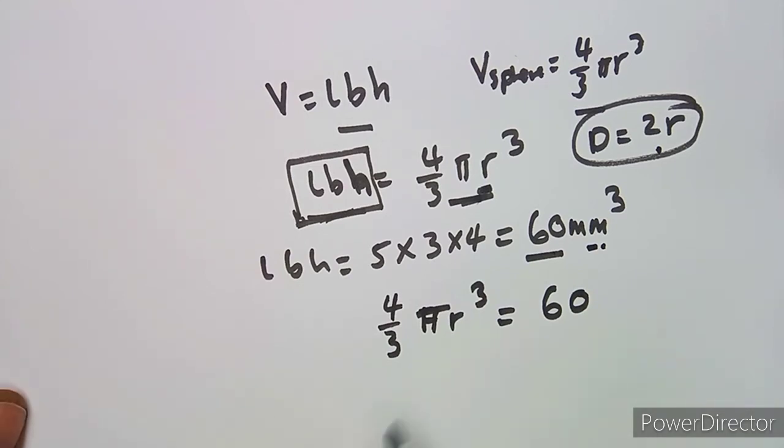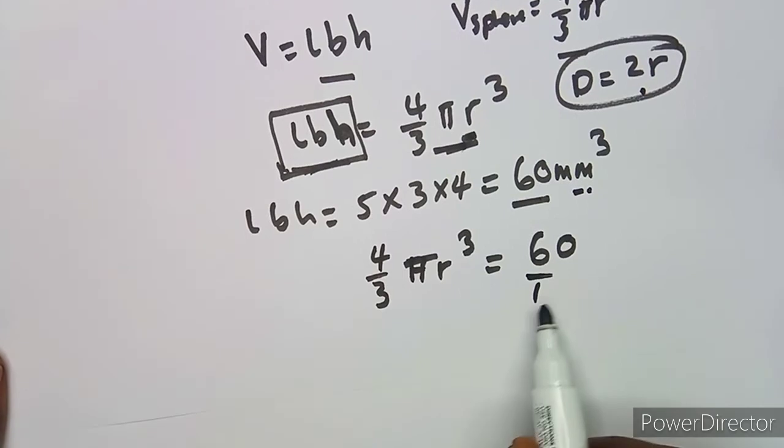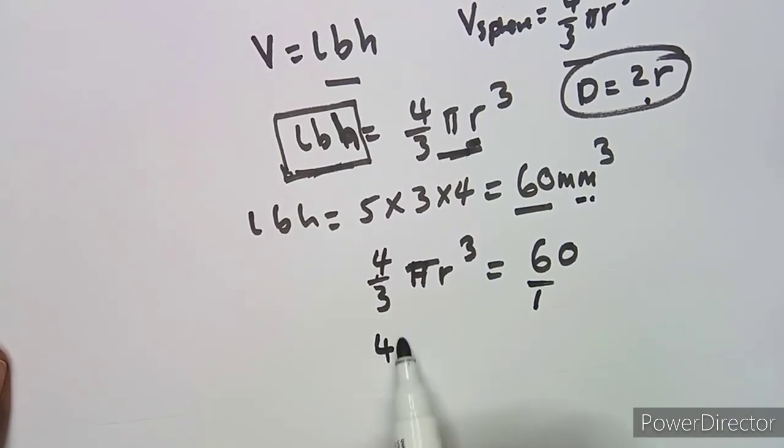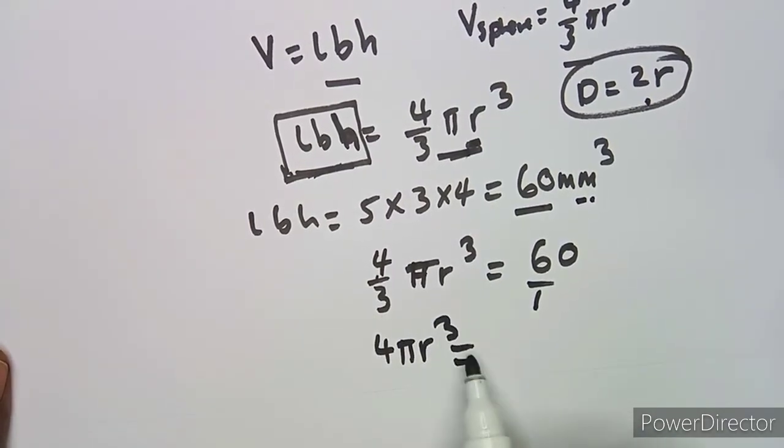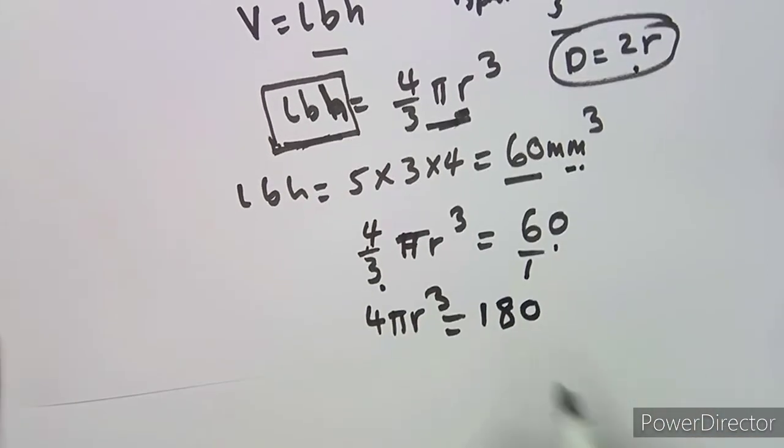So how can we do this? We just have to play around with the formulas. We can cross multiply, because this is 1 times 4, which is 4 pi r cubed, equal to 3 times 60, which is 180. Then you can divide both sides by 4 pi.